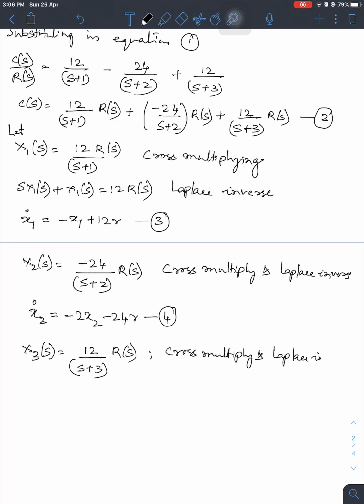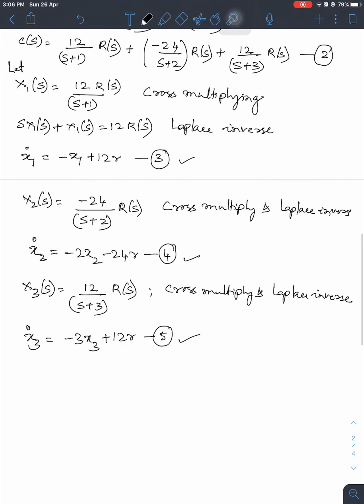What does it yield? We get x3 dot equal to minus 3x3 plus 12 into r, equation 5. Look at equation 3, equation 4, equation 5.